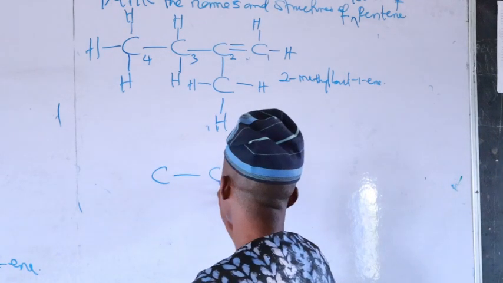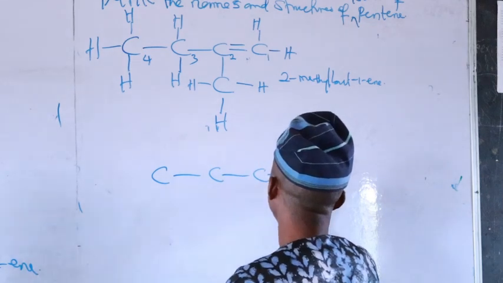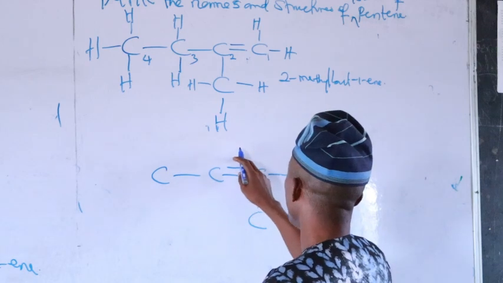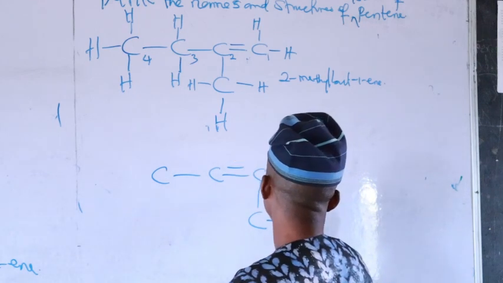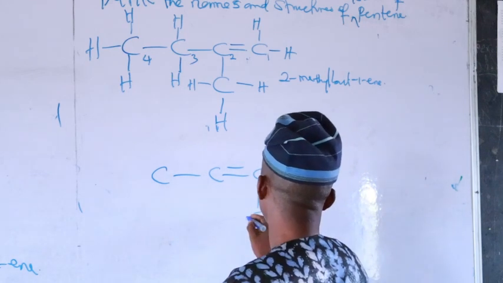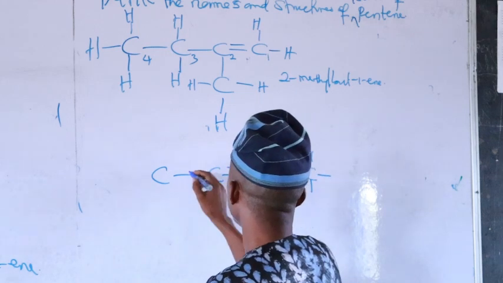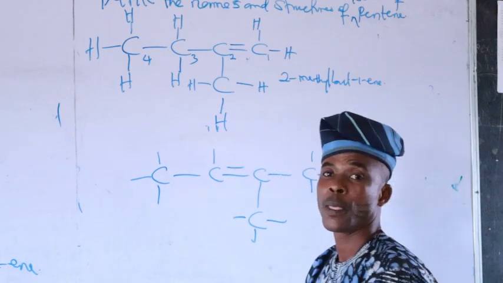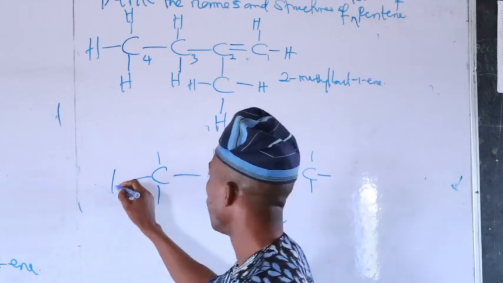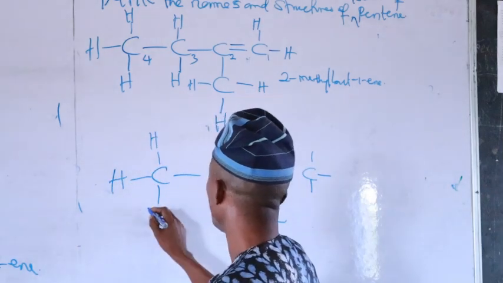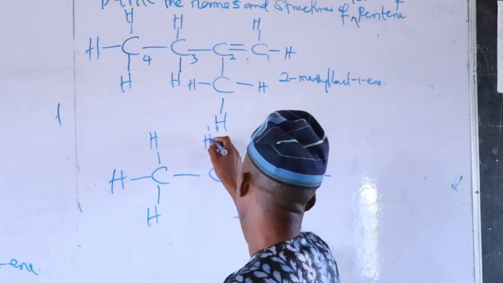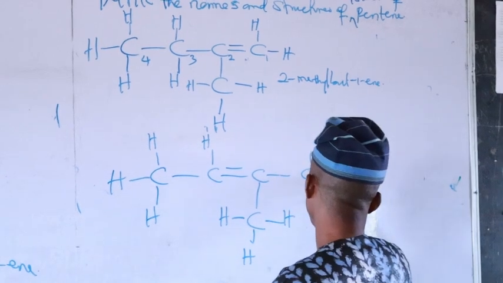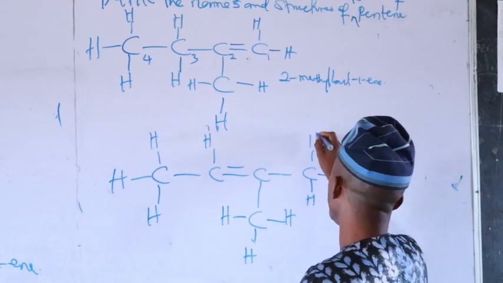They have 1, 2, 3, 4, 5, 6, 7, 8, 9, 10.